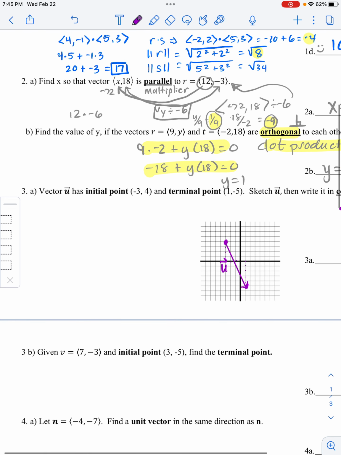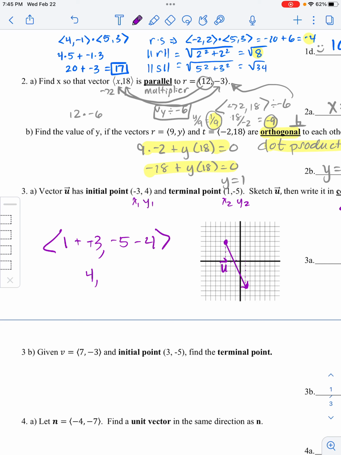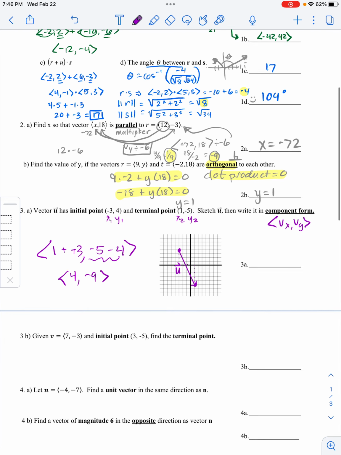To get the component form, remember we treat this as x1, y1, x2, y2. Our vector is going to be the second x minus the first, the second y minus the first. So this turns into a 4, and this turns into a -9. That is my component form, but then you should also look at your sketch for verification, because this means you're moving 4 to the right and 9 down.